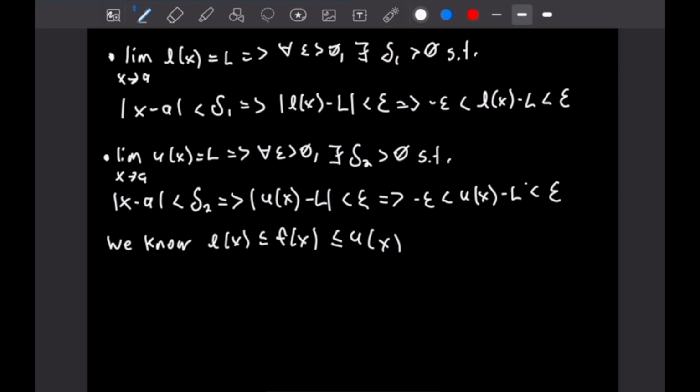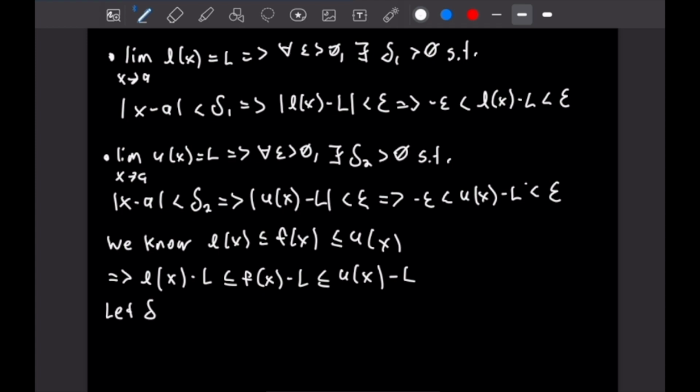And all we're going to do to this inequality is subtract L. So once we subtract L, we'll get that L of x minus L is less than or equal to f of x minus L, which is less than or equal to u of x minus L. And from here, we are going to choose our delta. So we're going to let delta equal the minimum of our two deltas, delta 1 and delta 2, that we used our precise definition of the limit to define above. So delta 1 and delta 2.